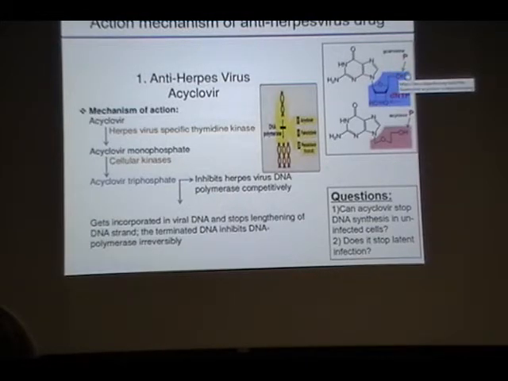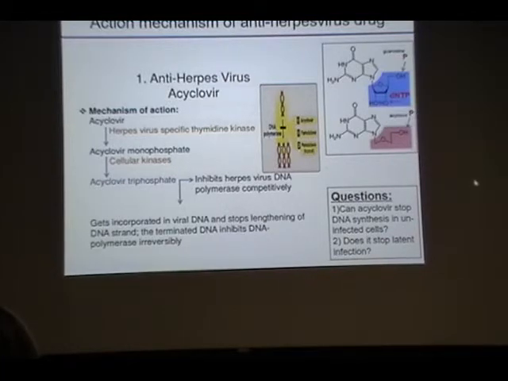And during DNA synthesis, this triphosphate group will make a bond with the OH group of the next nucleoside. That's why the DNA chain can elongate, and that's how DNA synthesis continues.